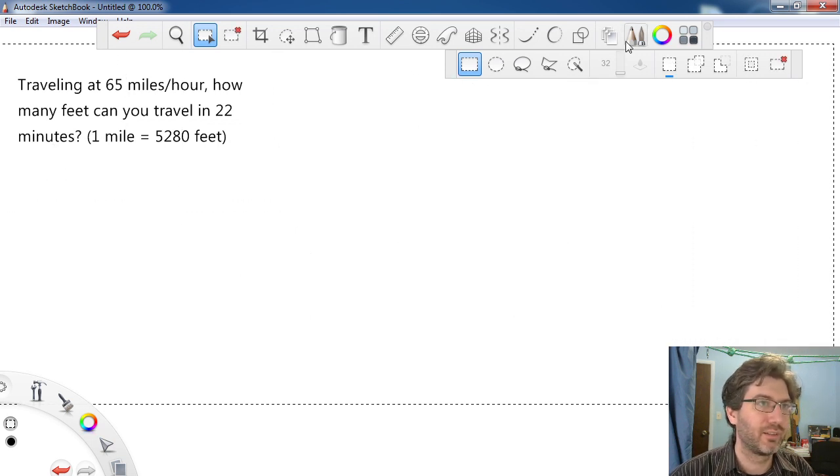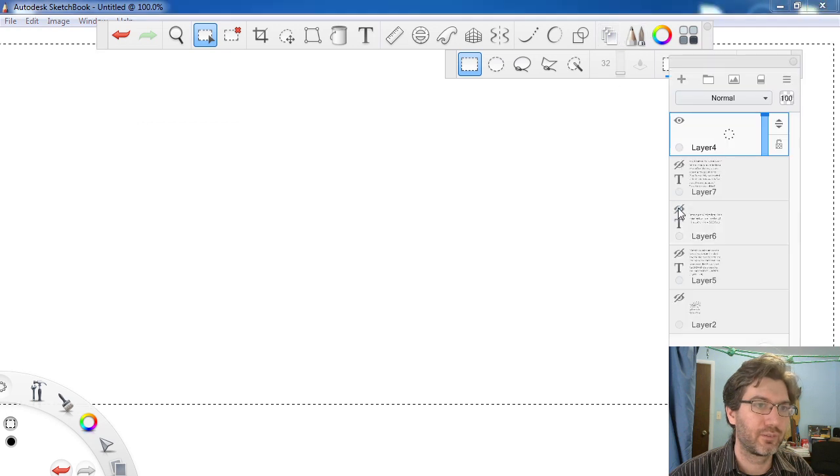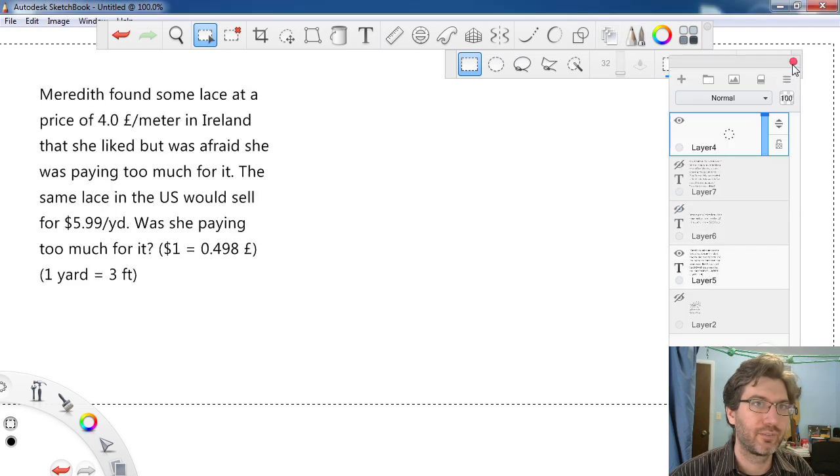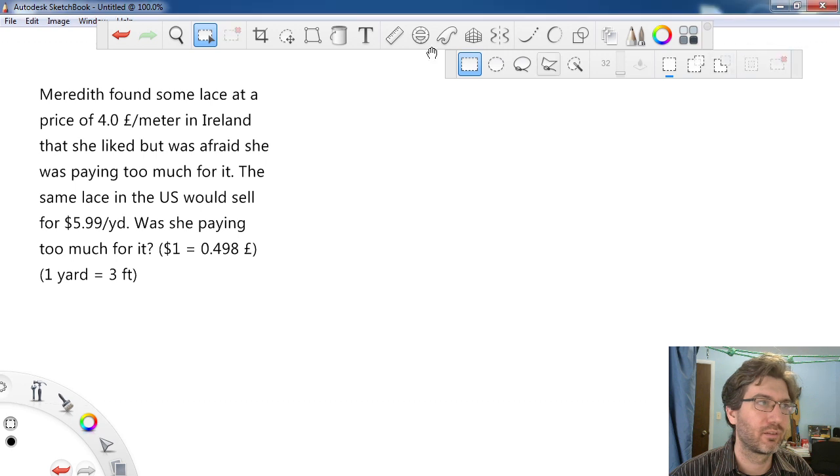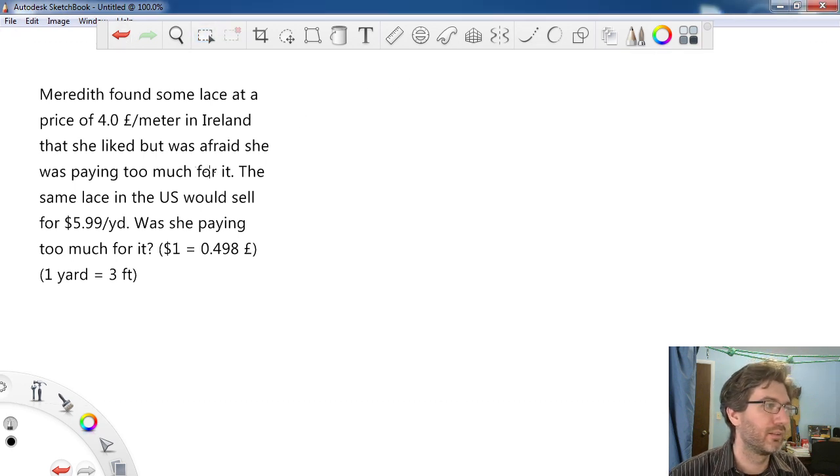I don't need any of that. Hide that. Look at that. Yeah, so this, I'm sorry, this strange symbol, that is an English pound. This is money of the UK.